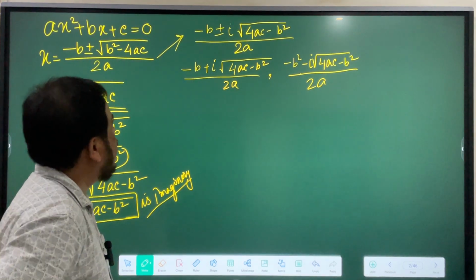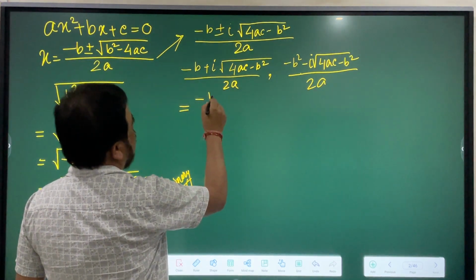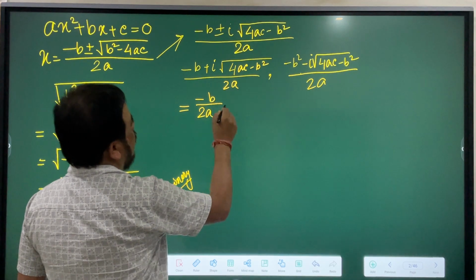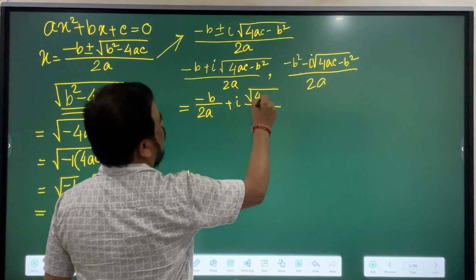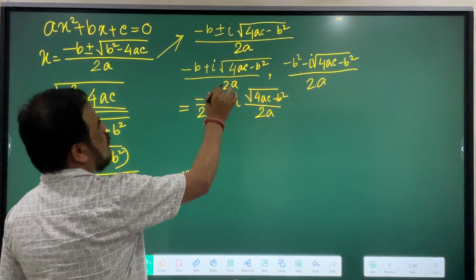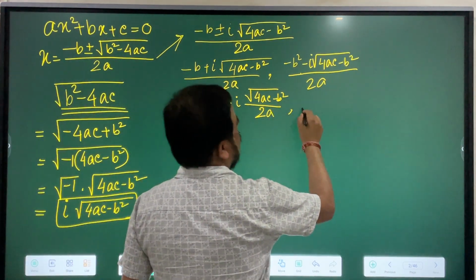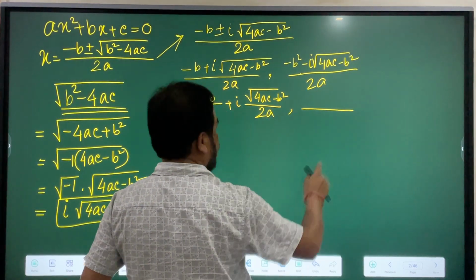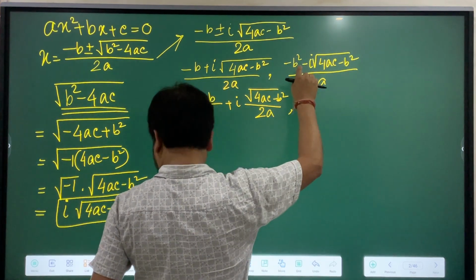Let me write it one more time so that you can understand properly. Minus b by 2a plus i square root of 4ac minus b square by 2a. Nothing is done, this 2a is the denominator for both, so I have written it separately. This one also: minus b, sorry, this is not square.